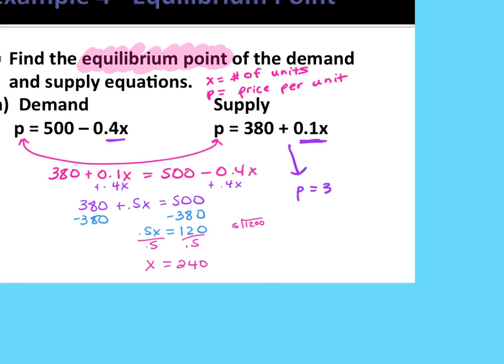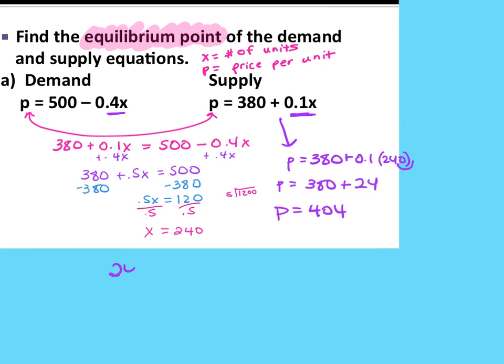So P would equal 380 plus 0.1 times 240. P equals 380 plus, this means move my decimal one place, 24, which is 404. So when it asks for the equilibrium point, it's 240 units at $404 per unit.